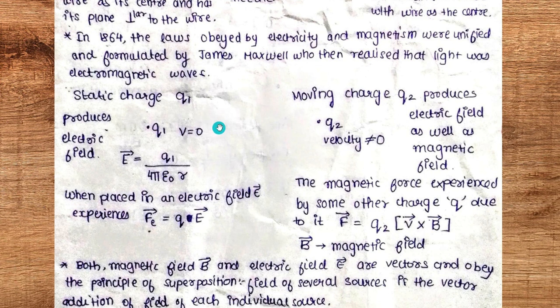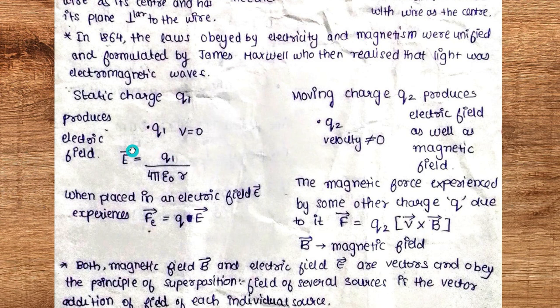A static charge, with velocity zero, will produce only an electric field. That electric field is given by the formula Q1 by 4 pi epsilon naught r squared. This we will learn in the first chapter, Electric Charges and Fields.